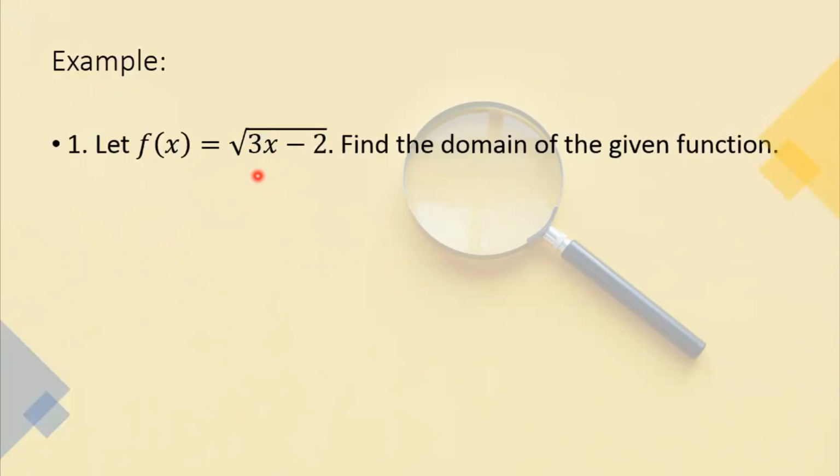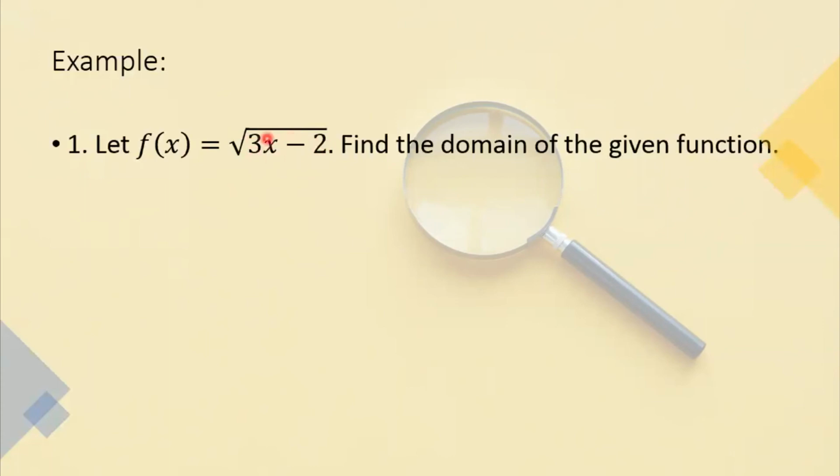Since this is a radical, the square root function, you have to base it on the basic function, which is the square root of x. Now, the domain of the square root of x is x greater than or equal to 0, which means that whatever the radicand is inside the radical symbol, it should be greater than or equal to 0.